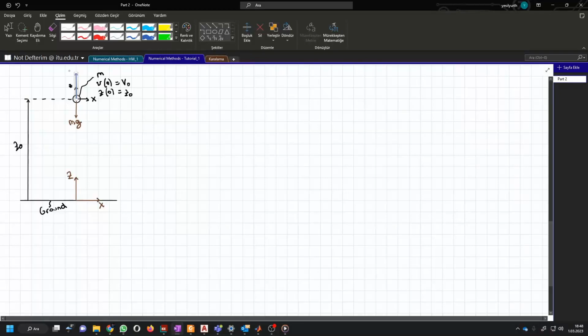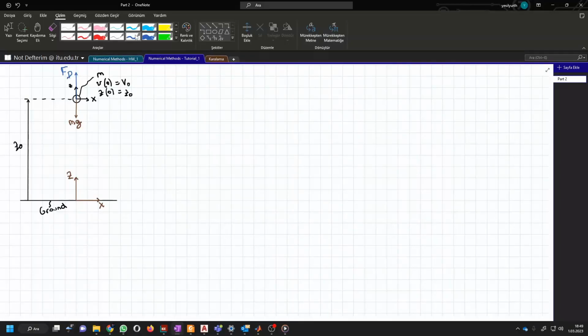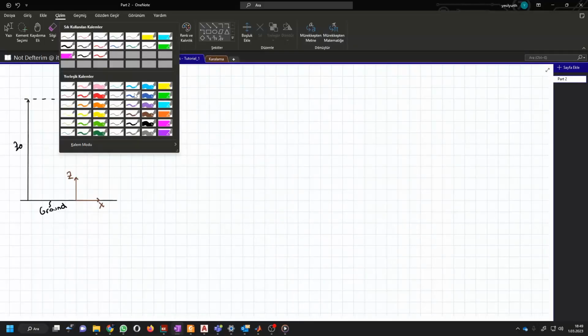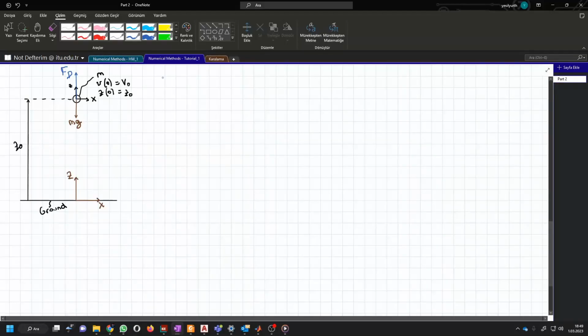I will denote this force by Fd. We will be modeling the aerodynamic force as a second degree equation like this.